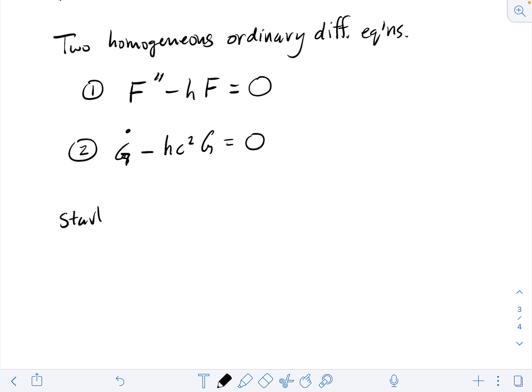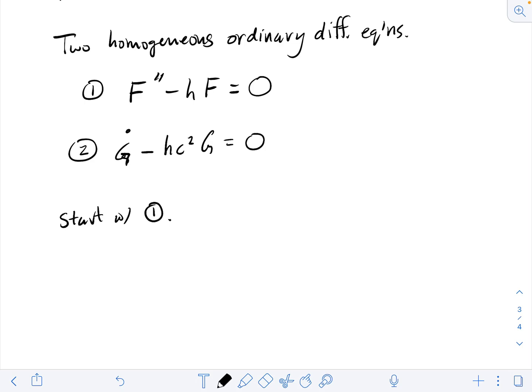So we're going to start with equation 1. And in equation 1, h is a constant, but there's no real restrictions on that constant, so there's going to be a bunch of cases to consider. The cases are going to be that h is a positive constant, h is 0, and h is a negative constant.